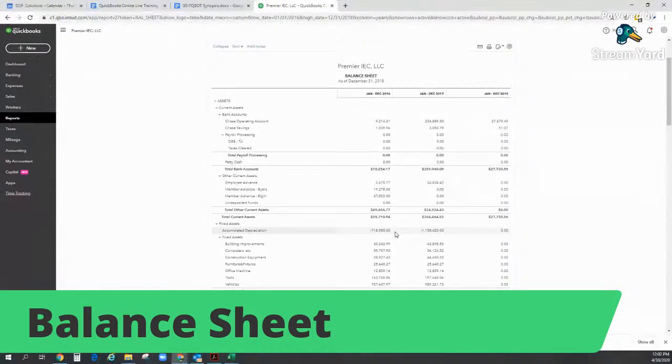Accumulated depreciation. So we have our fixed assets and they're broken down. There's over $1 million here, $1,808,000. Depreciation is $718,000. Their assets are $289,000.